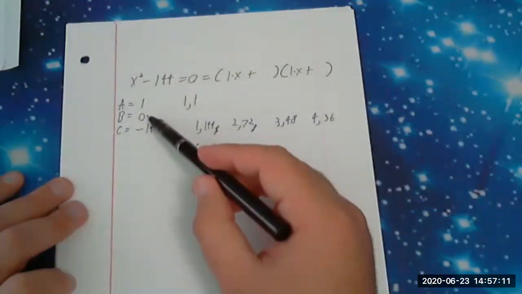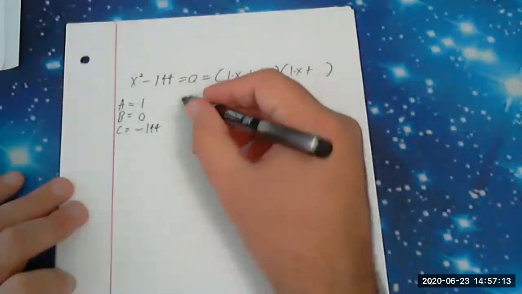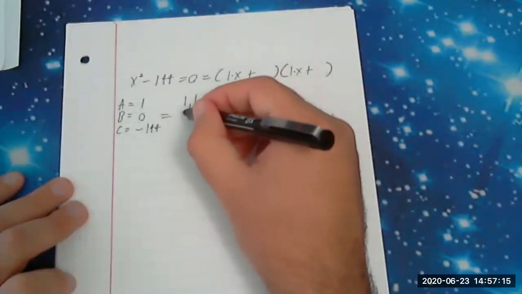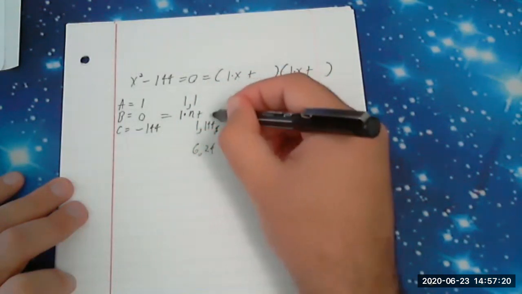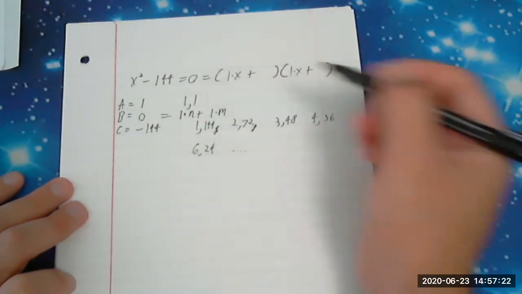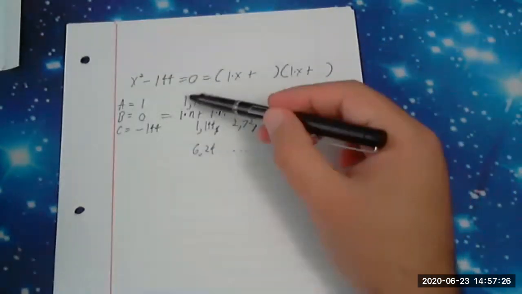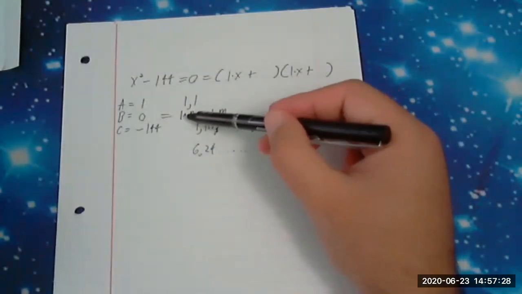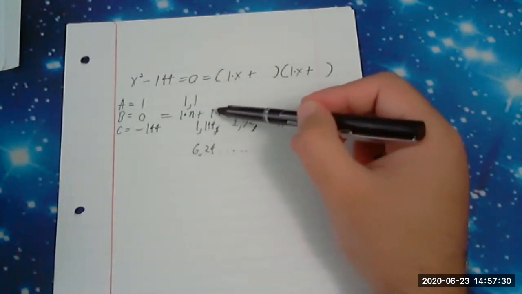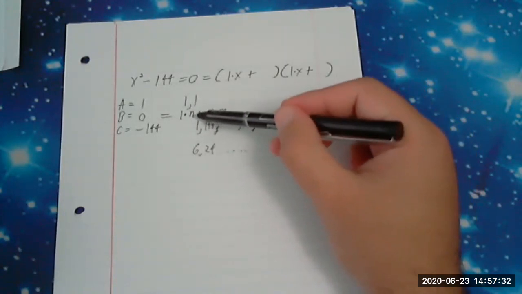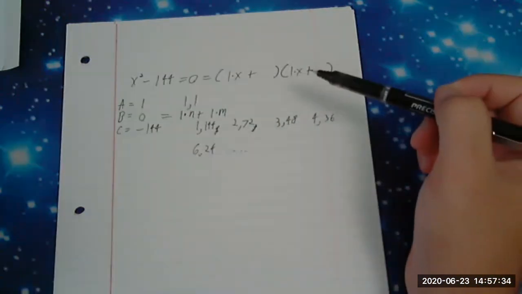This is where this comes into play. This means that this is 1 times n plus 1 times m. Because these are 1 and 1, so an plus bm becomes just n plus m.